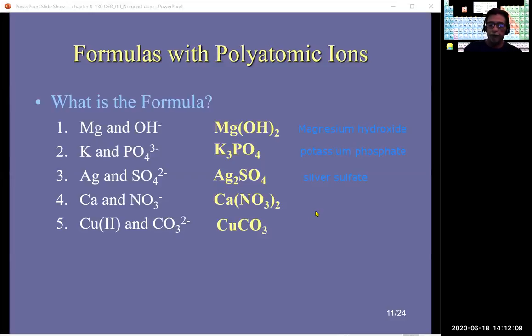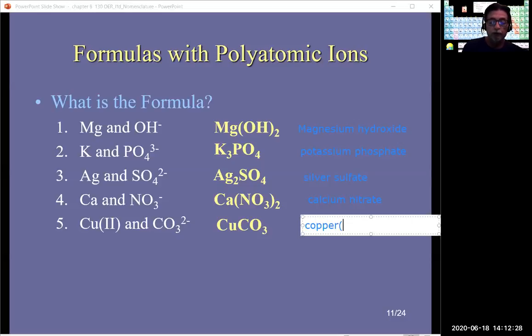Okay. And so let me do the name here. This is calcium nitrate. Okay. The next one, copper, Roman numeral 2, carbonate.